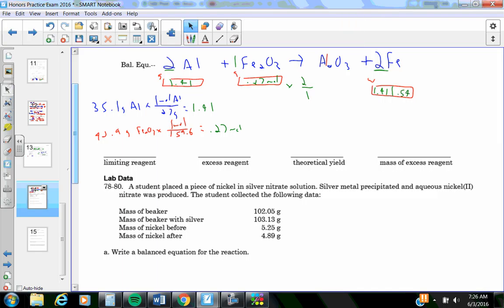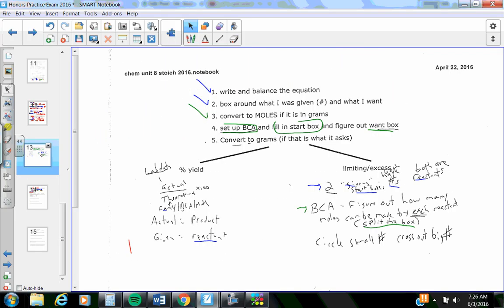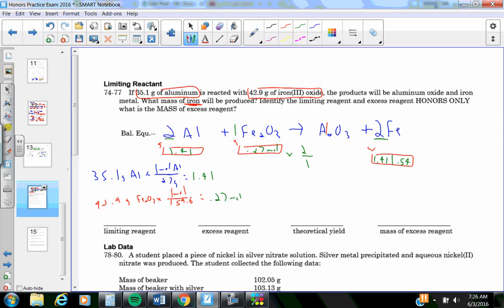So I have enough aluminum for 1.41 moles, but I only have enough iron for 0.54 moles. So circle the small number, cross out the big number. You're not making 1.41. You are stuck with only being able to make 0.54. How come? Because you only had enough Fe2O3 for that. That is the limiting reagent. Therefore, you have extra aluminum.